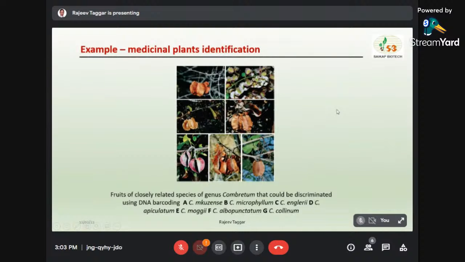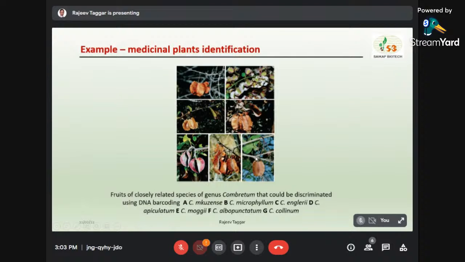Now I'm talking about examples of DNA barcoding. The beauty of DNA barcoding is, let's say, medicinal plants. There's a medicinal plant called Combretum, and if we look at the fruit of this plant, they are all so similar.